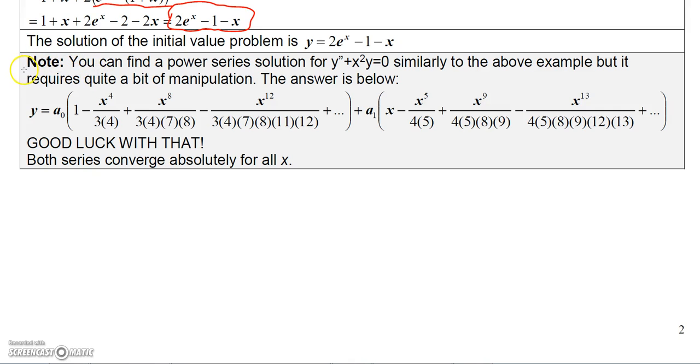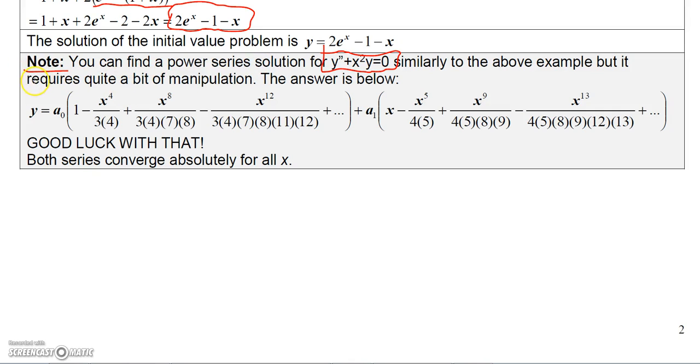Now, if you choose to do so, you can actually find a power series solution for y double prime, or the second derivative of y, plus x squared y equals 0. And you can do the steps similar to what I did in the previous example and find the solution to this.